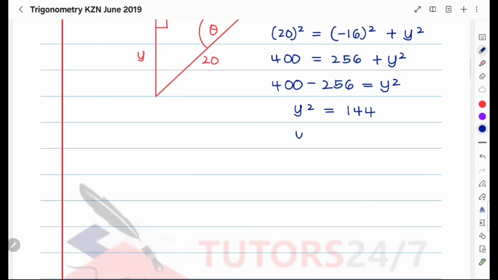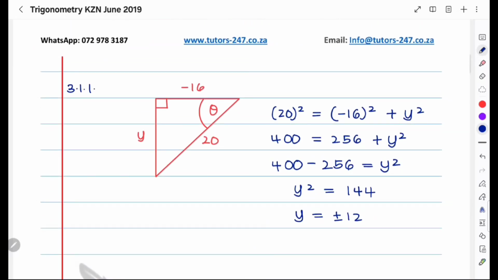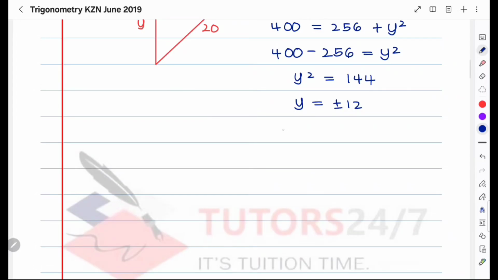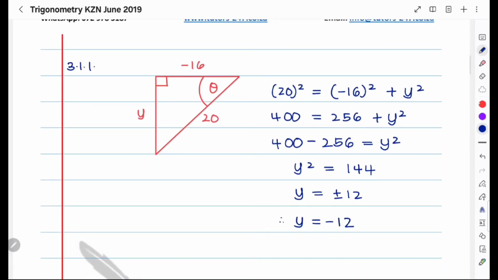From here, we can square root both sides, and we have y is equal to positive or negative 12. Always remember, when you square root something, it is positive or negative. As we previously mentioned, y is below the x-axis, so it is going to be negative y. So we'll state, therefore, y is equal to -12. And that is it. Let us just complete our labels.